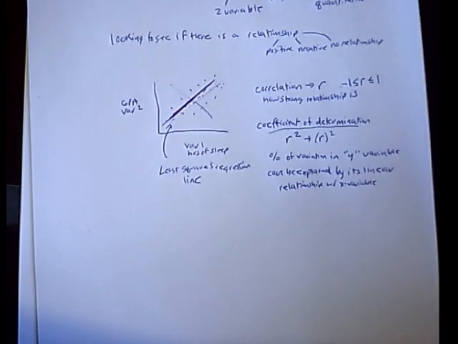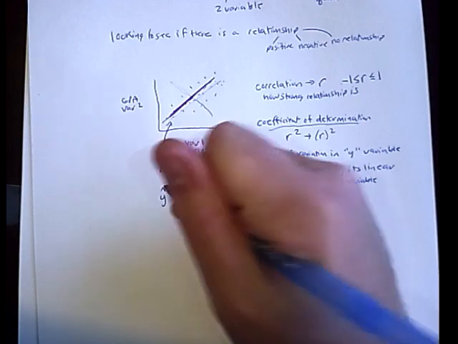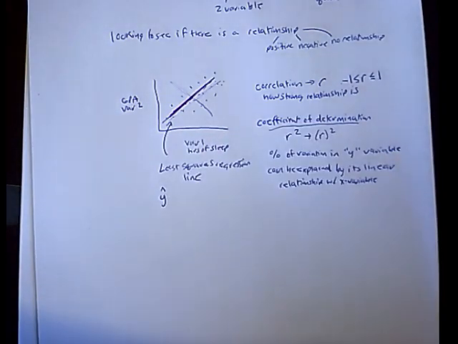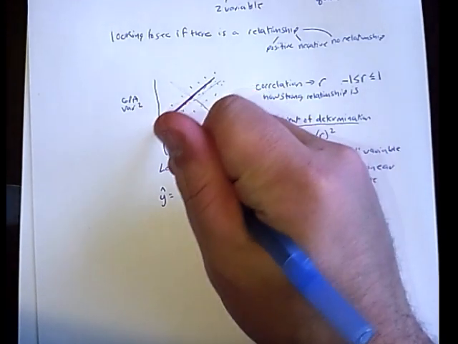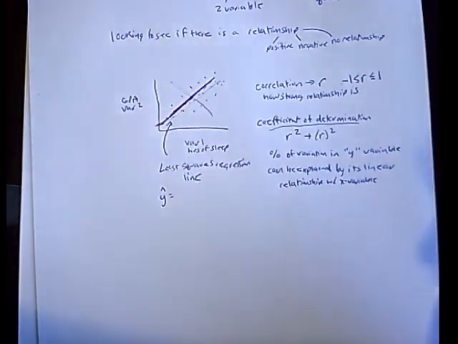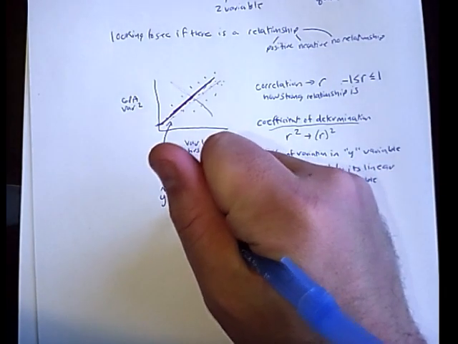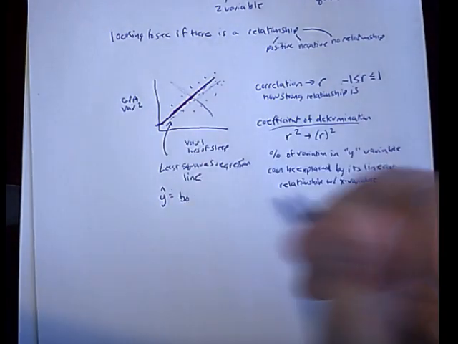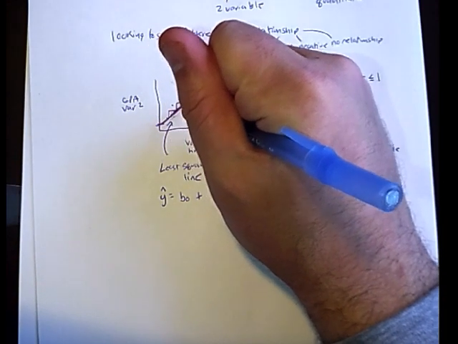When we do that on our calculators, we get a prediction equation, which we call y hat. Since it's a line, every line has a y-intercept, which we call b naught, plus that prediction line has some slope going up, which we call b1.